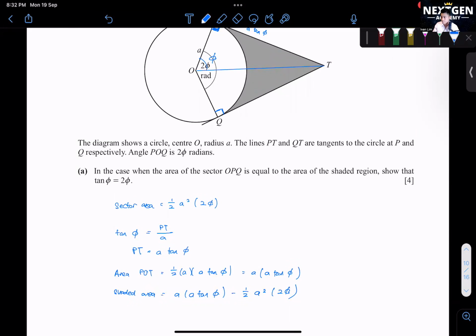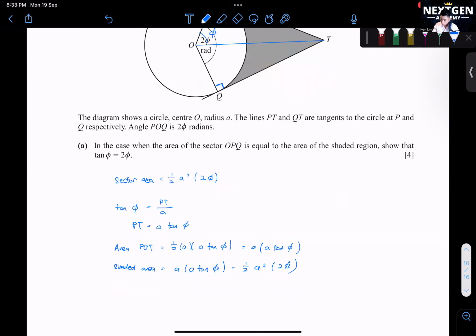Then we say that it's equal. They say here the area of the sector OPQ equals the area of the shaded area.